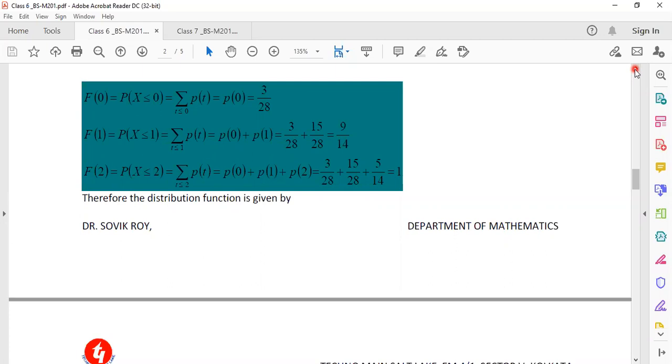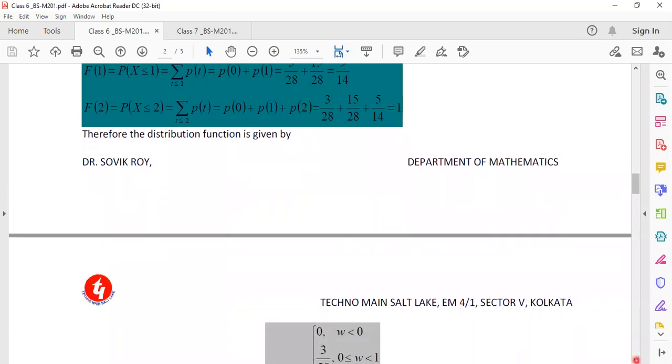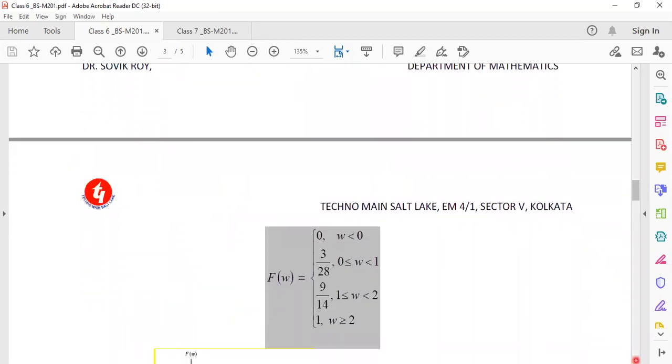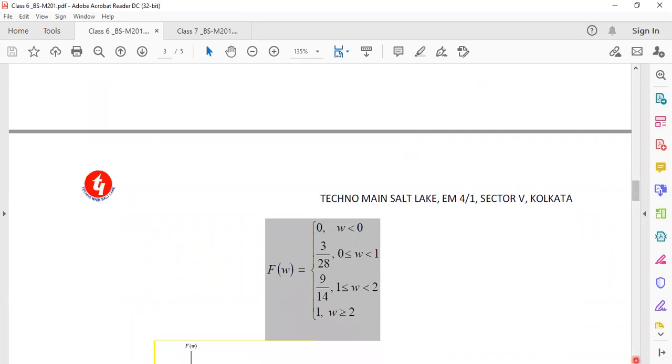Functions must be written in a specific way. So right now, with the help of these 3 values, 3 by 28, 9 by 14, and 1, I'm going to write the function in its actual appropriate form. So now let's see what I'm writing. My independent variable is not X, it is W.